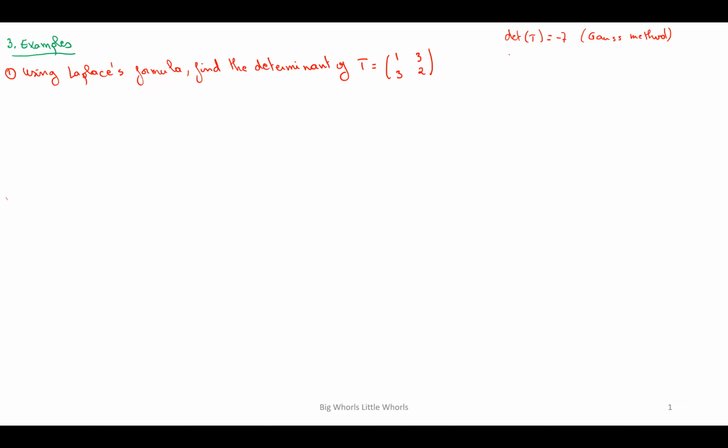Now we are going to use Laplace's expansion formula to find the determinant of this matrix.